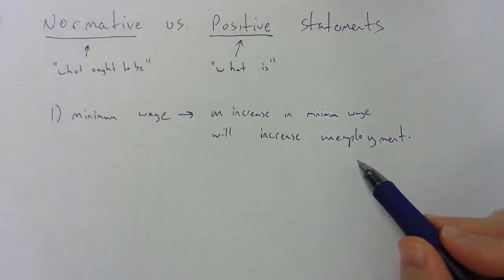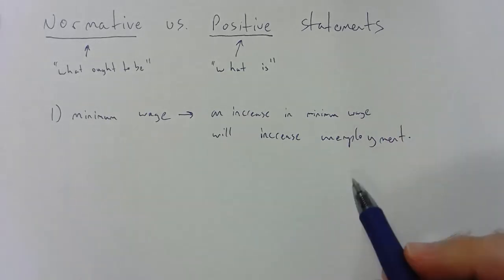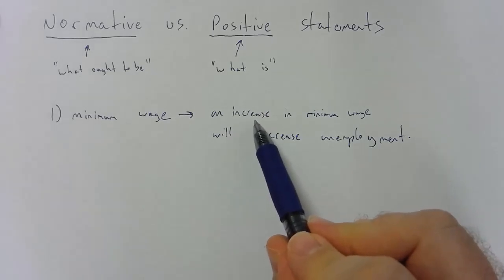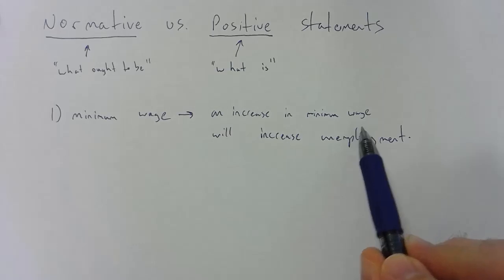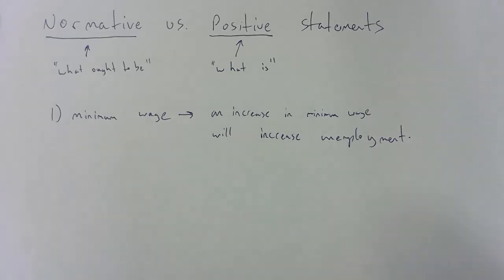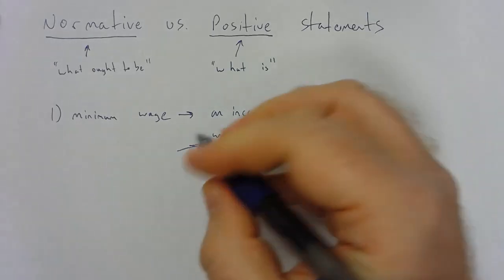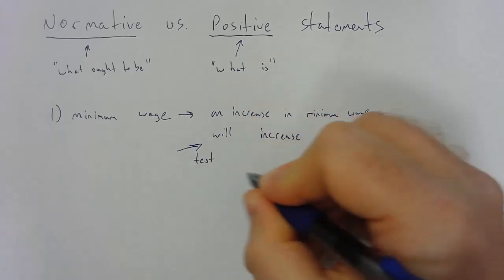This is an example of a positive statement because it is an example of something that is. It's cause and effect. An increase in a minimum wage will increase unemployment. Now, what we can do is we can test this statement.